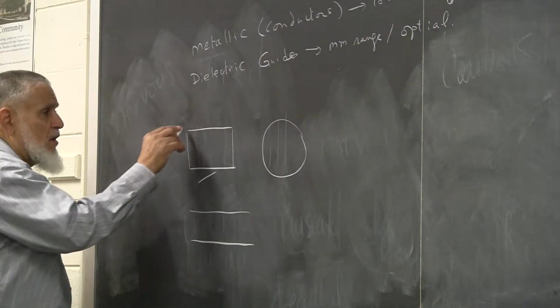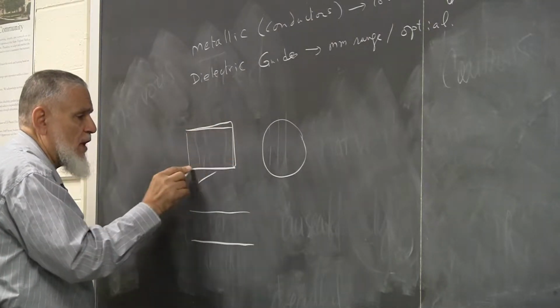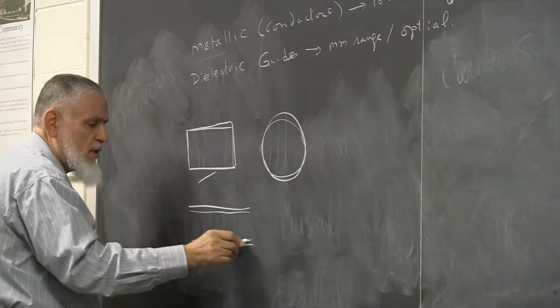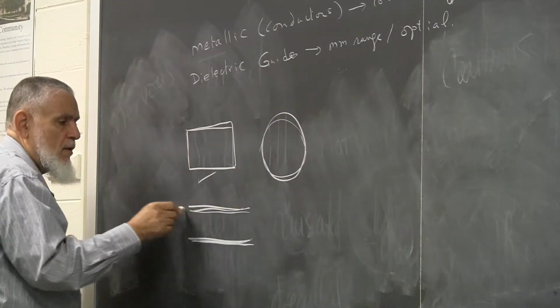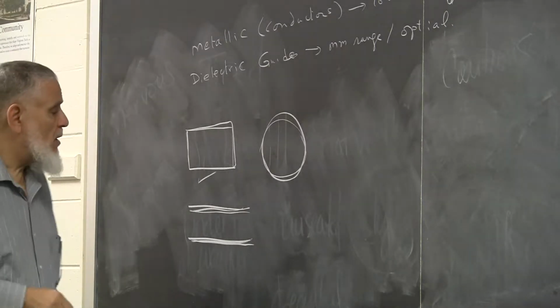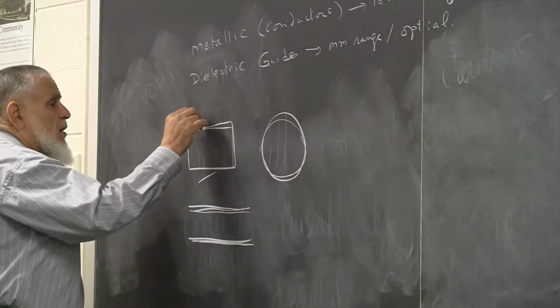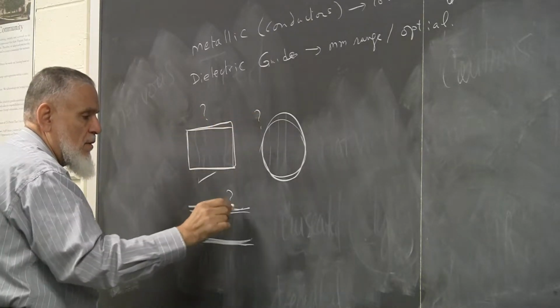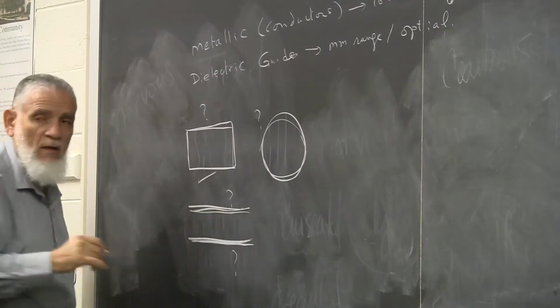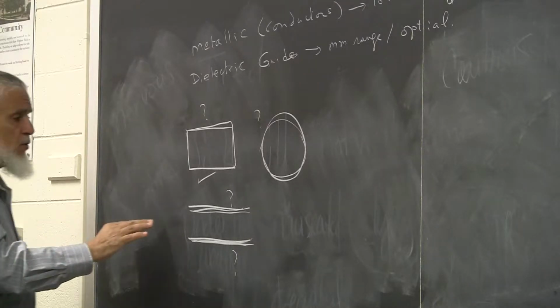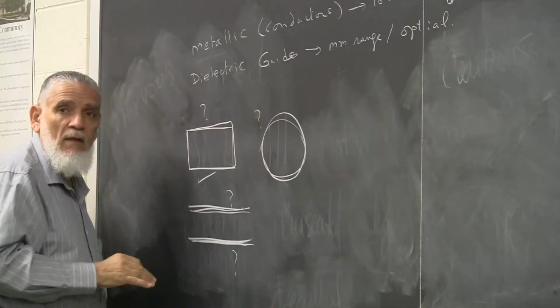Now, in the metallic, you will have metals here, or conductors. You'll have conductors here. You have conductors there. That's the metallic. Right? In dielectric, it will be, well, obviously, once you have a metal here, whatever you have here doesn't matter. Right? Because supposedly the conductors provide shielding and confinement that your signal will not leak out, right?